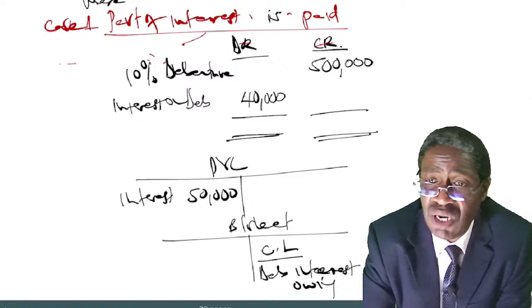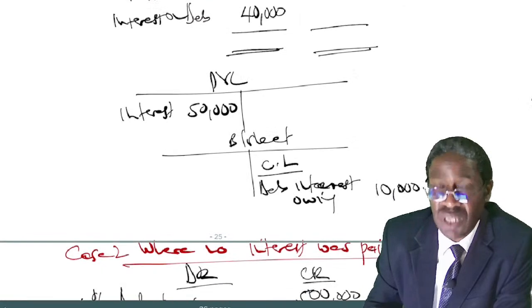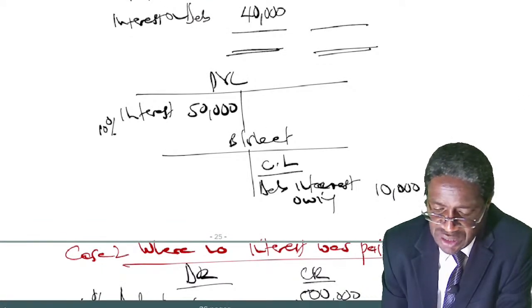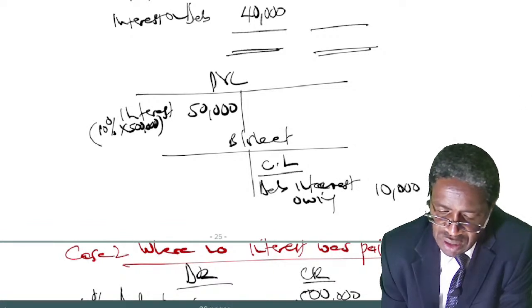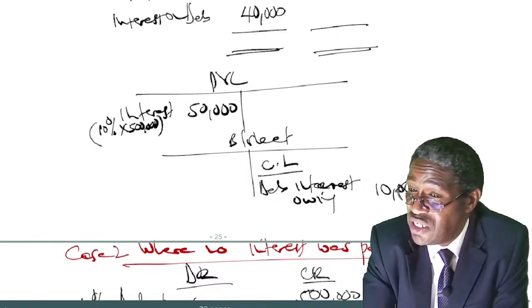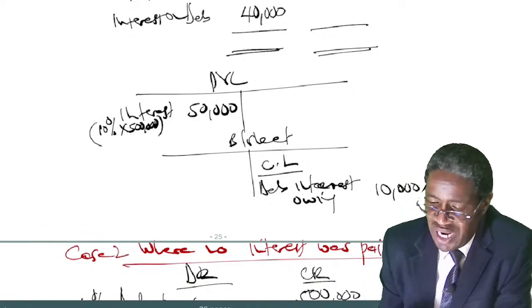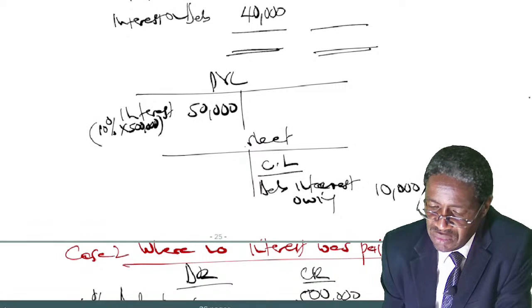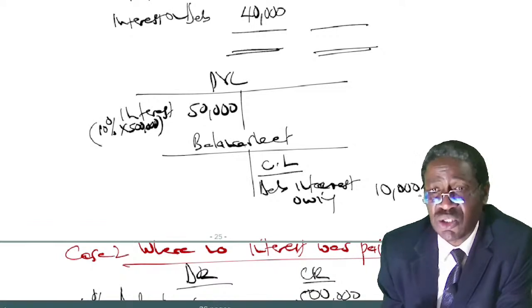Then below that, you say P&L. You charge that 50. I have told you it is 10% of 500,000, just to remind you how I'm getting that 50. That is the charge for the year, not what you have paid. Then down there, show the balance sheet, or what you normally call the statement of financial position.